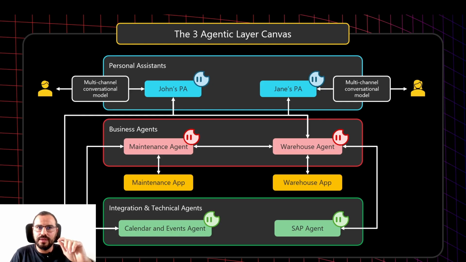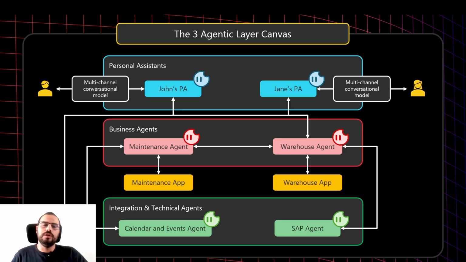But the really important thing here is that the personal assistants are not experts in domains. They simply know the other agents that they can talk with in order to get a specific piece of information or perform a specific action, right? It's like that famous quotation that someone said, I think it was Churchill.